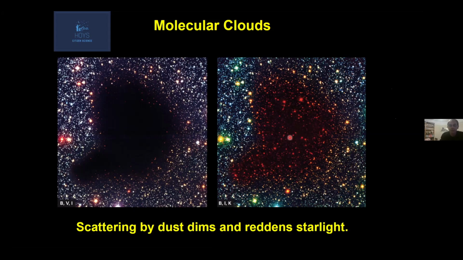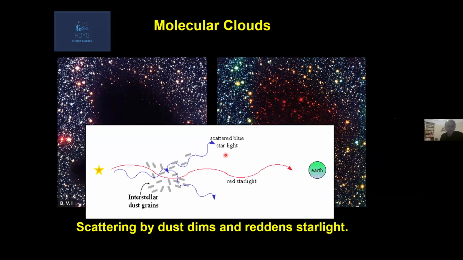It's very similar to the scattering that you get in the Earth's atmosphere, where the blue light is scattered quite a lot, and the red light is not scattered a lot, and hence the sky appears blue, except when you look right at the sun, and then you see the red light. So basically, the little dust particles inside the dust cloud scatter the blue light away. A large fraction of the red light can reach the observer on Earth.